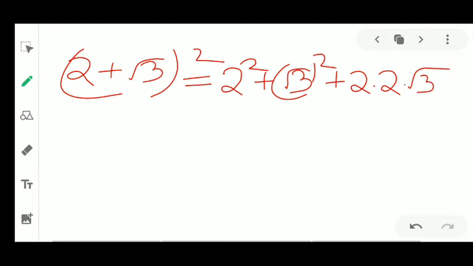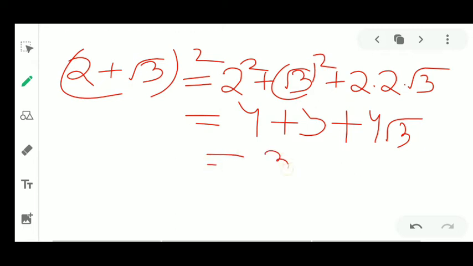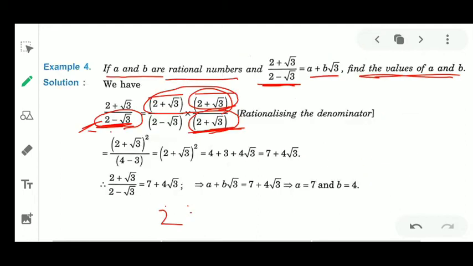Clear? Now 2 square is 4, root 3 square, the square and root are cancelled, so 3, plus 2 into 2, 4 root 3. So 4 plus 3 is 7 plus 4 root 3. So (2 plus root 3) square gives us 7 plus 4 root 3.